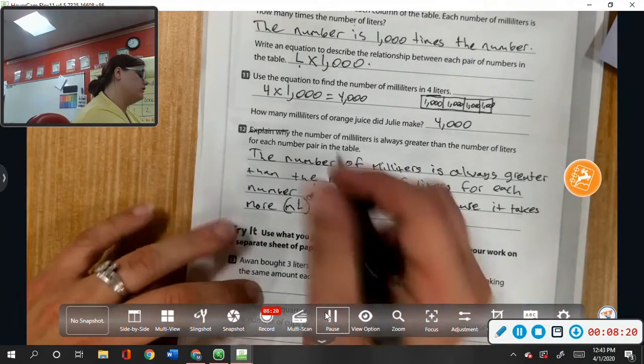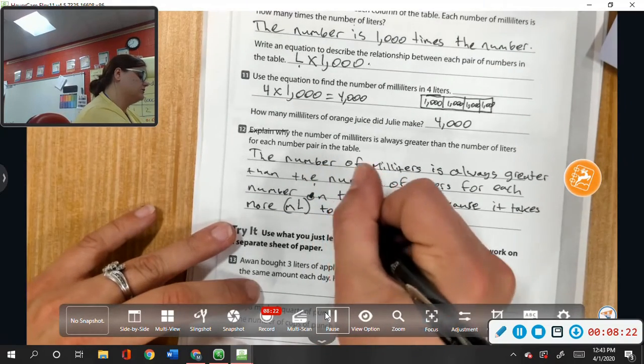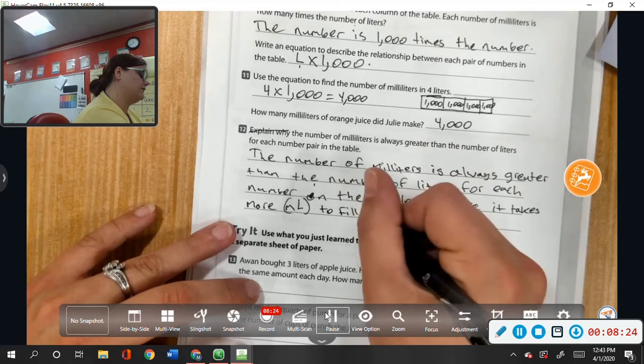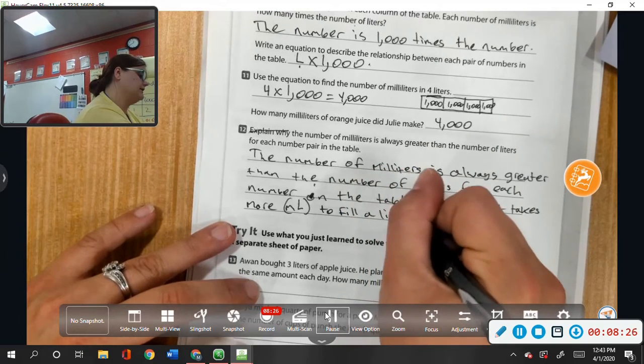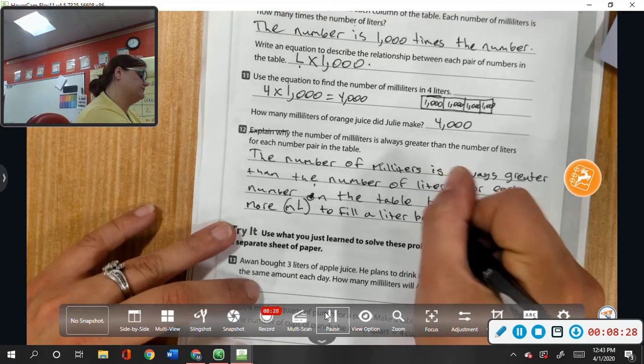It takes more milliliters to fill a liter bottle.